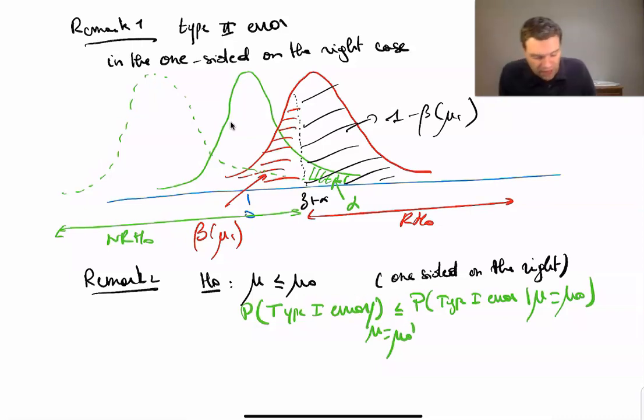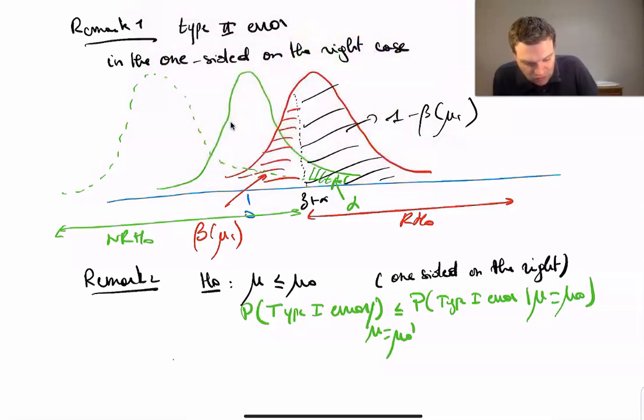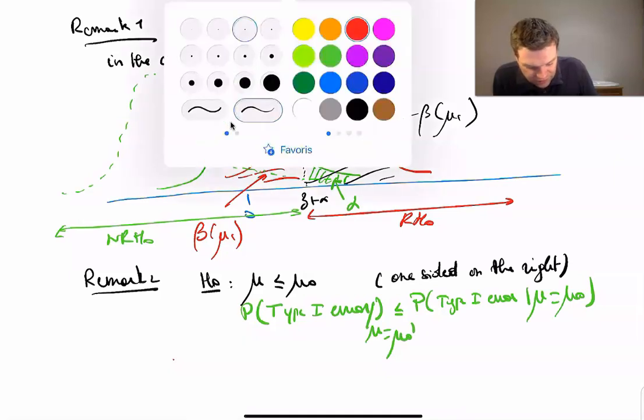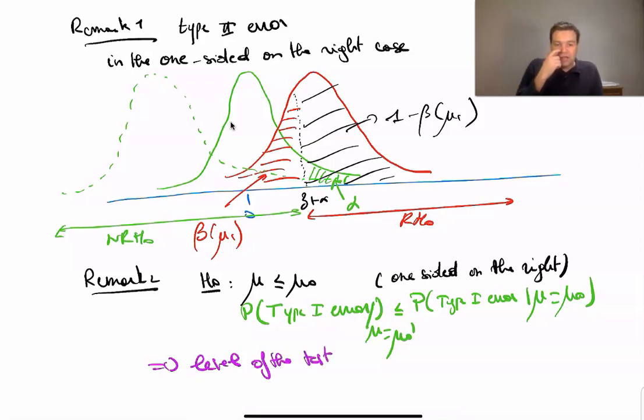Here, the level of the test, in this particular case, is not exactly the probability of type 1 error, but the supremum, the maximum.